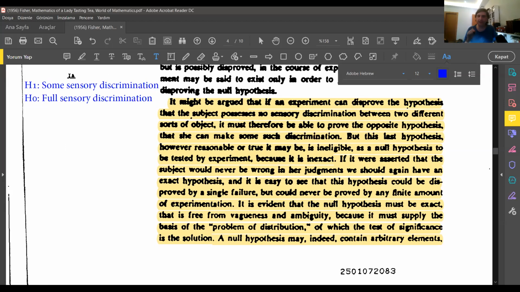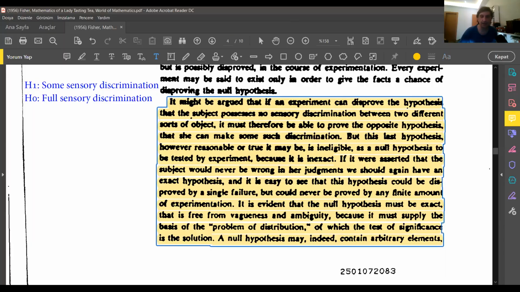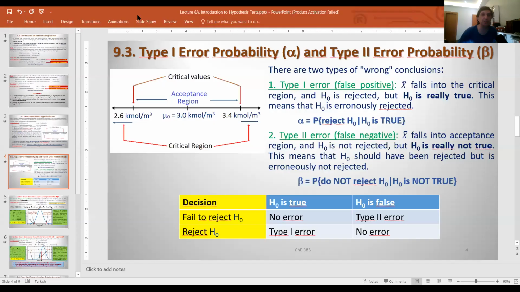So the moral of the whole story is that the null hypothesis must be exact, that is, free from vagueness and ambiguity, because it must supply the basis of the problem of distribution, of which the test of significance is the solution. Now, maybe the wording is a little complicated, but it simply says that it should be an equality. Let me come back to the PowerPoint presentation here.